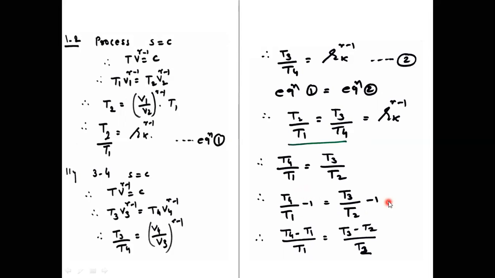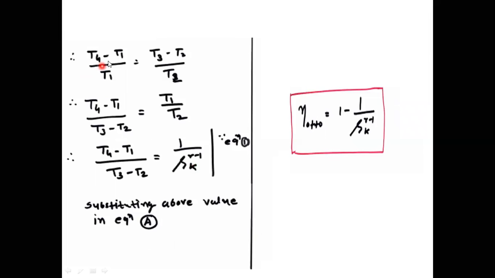Add minus 1 on both sides. So you can write T4 divided by T1 minus 1 is equal to T3 divided by T2 minus 1. So you can write T4 minus T1 divided by T1 is equal to T3 minus T2 divided by T2.